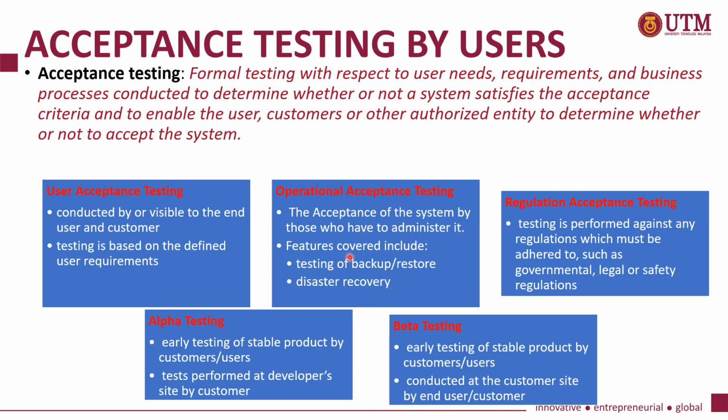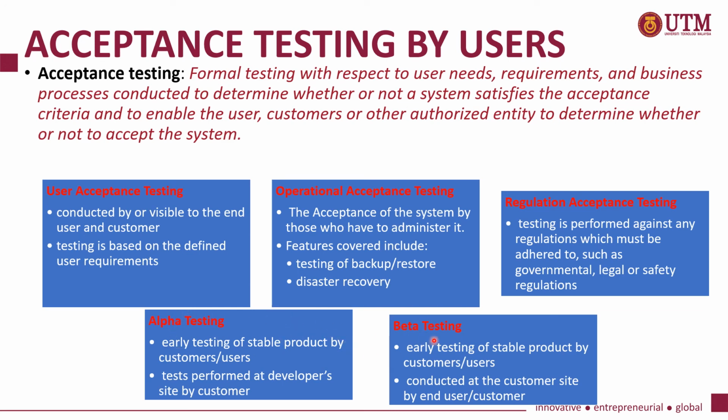The features which will be covered include testing of backup or restore or disaster recovery. The third type of acceptance testing is regulation acceptance testing, where the testing is performed against any regulation which must be adhered to, such as governmental, legal, or safety regulation.